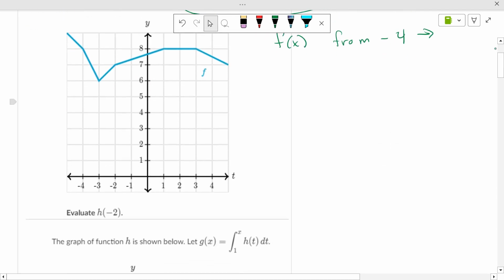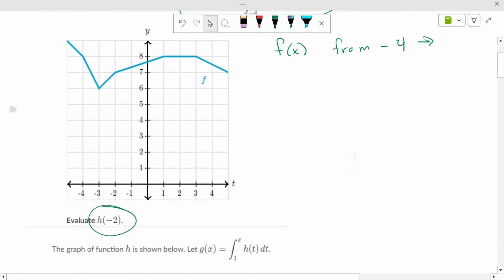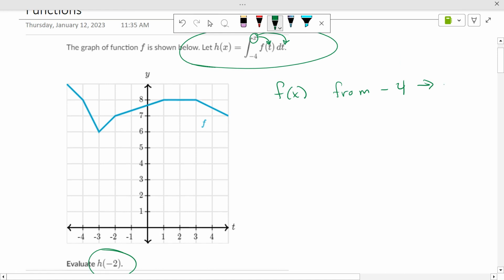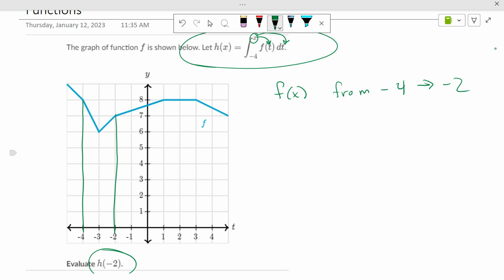Now, if they want to evaluate it at -2, then it's basically from -4 to -2, because it says evaluate this at -2. So what we're doing is evaluating how much area is under the curve from -4 to -2.